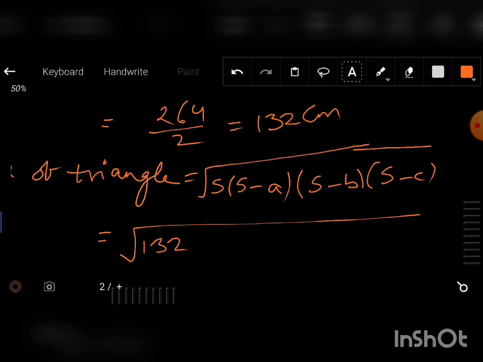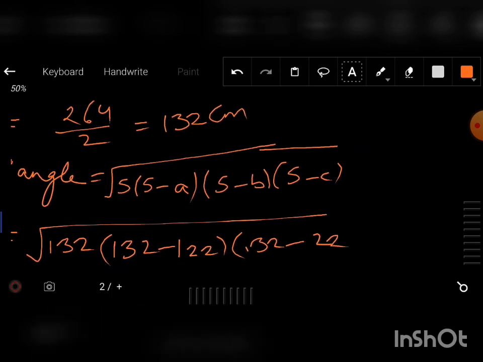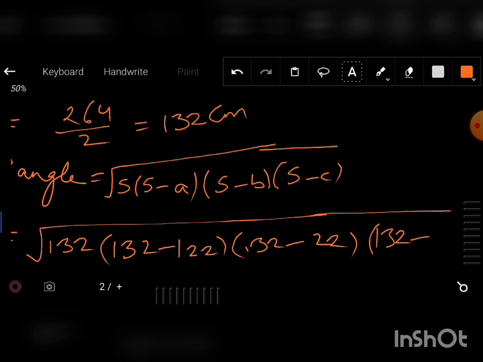Root over 132 into 132 minus 122, again 132 minus 22, into 132 minus 120.